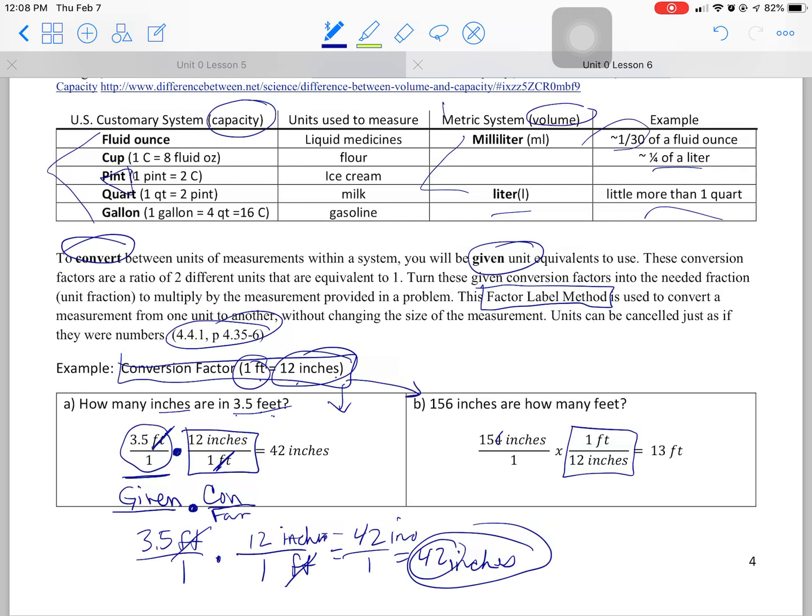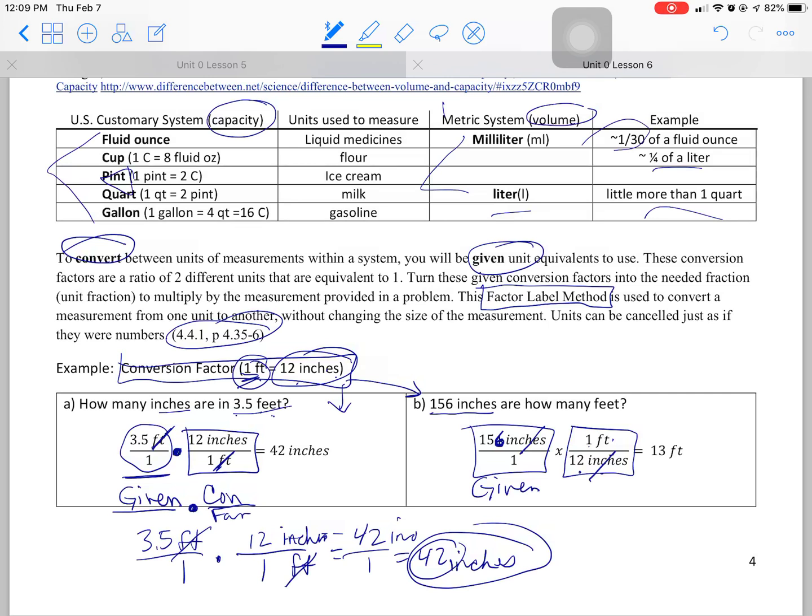This one has a little typo. That's supposed to be 6. All right, so 156 inches is the given. If it gives me inches, I want to be able to reduce it with inches. So the inches go down here, the feet go up here. The 12 still goes next to the inches, and the 1 still goes next to the foot.